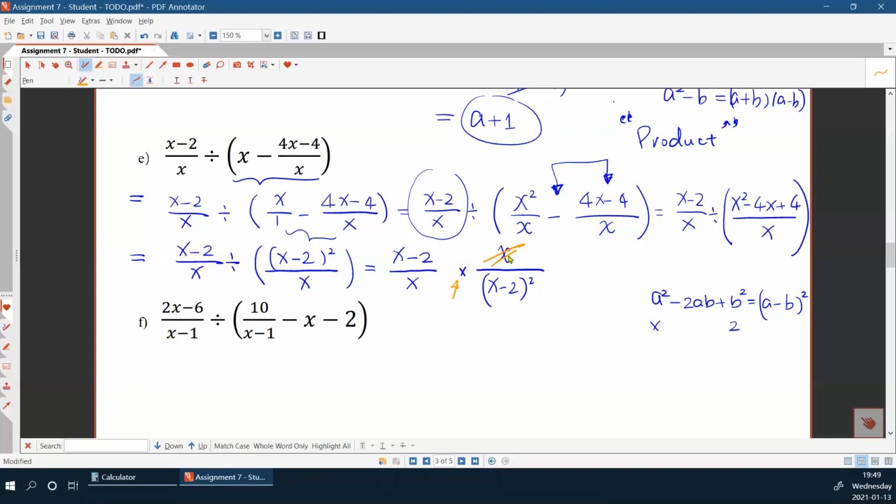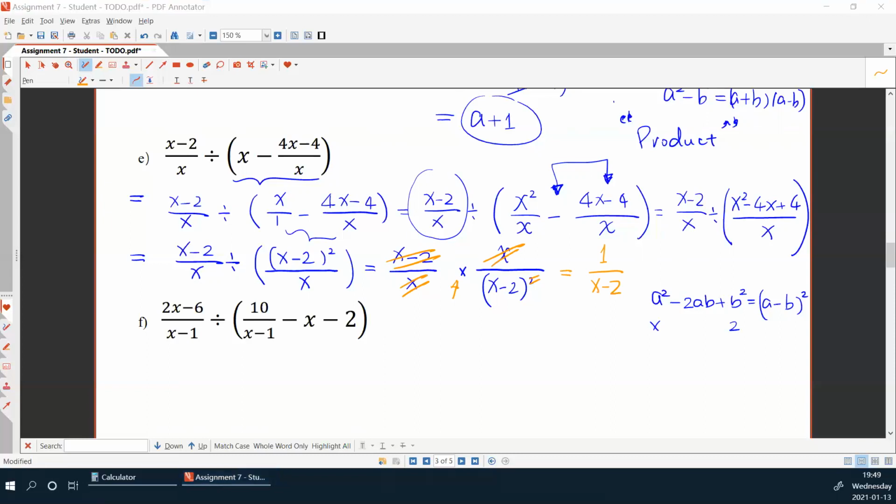Now you can cancel x here and x minus 2 here. So the final result is x minus 2 in the denominator, and only a 1 in the numerator. Okay, understand?